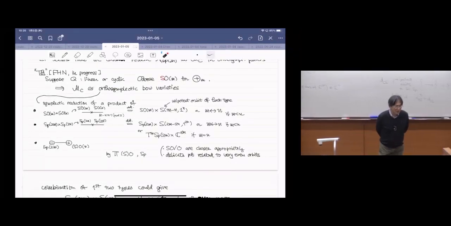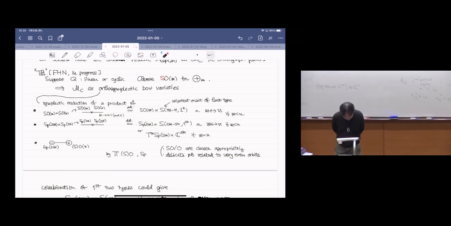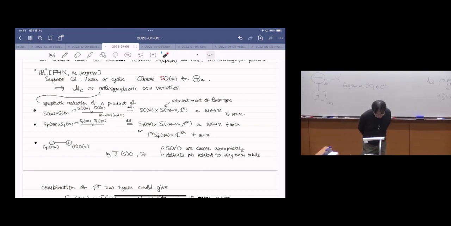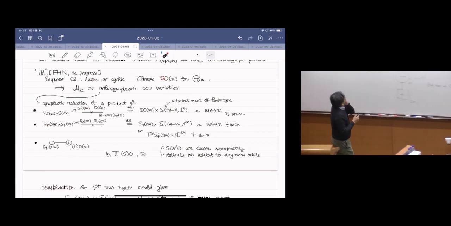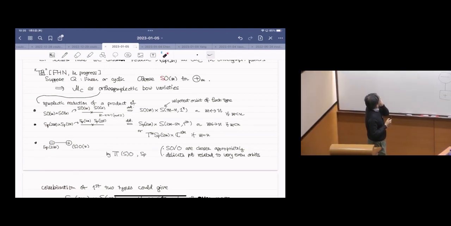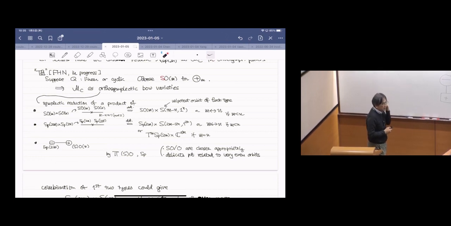No, in general. Maybe I should emphasize that, thank you very much for this question. So you replace the group by the Langlands dual group in the conventional sense, then the dual variety is either of two types. That is the expectation.